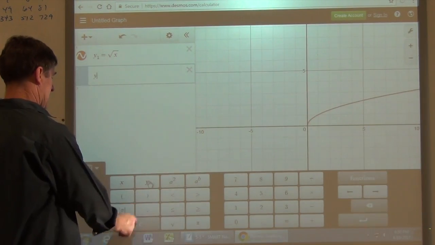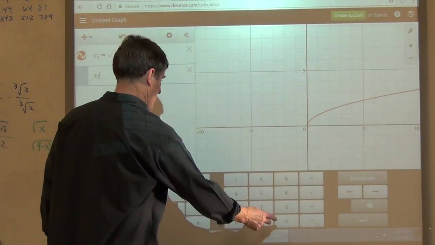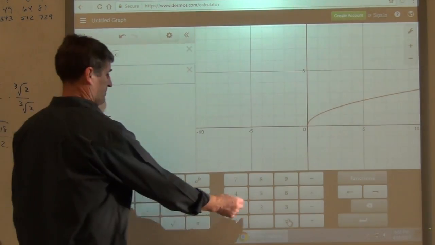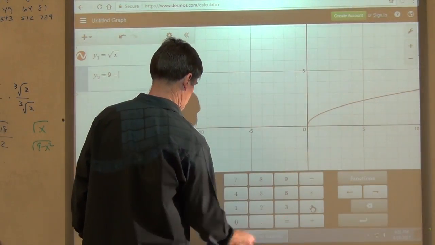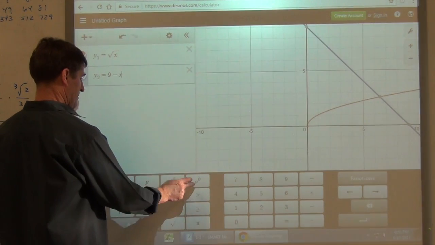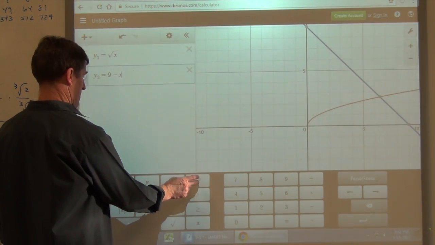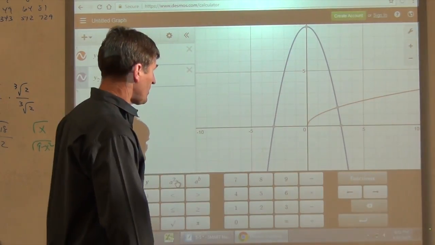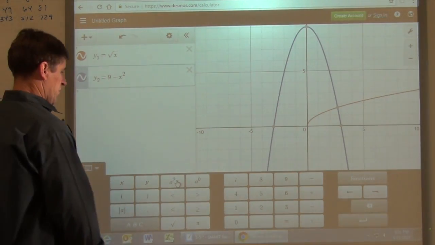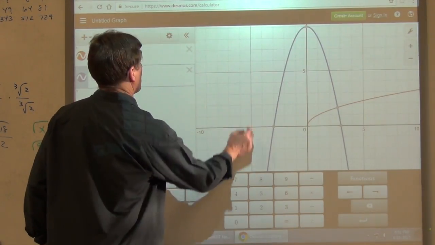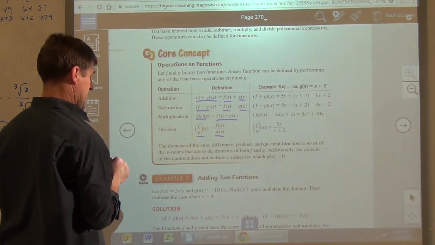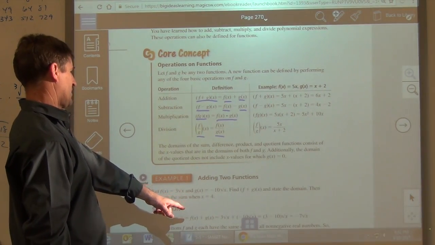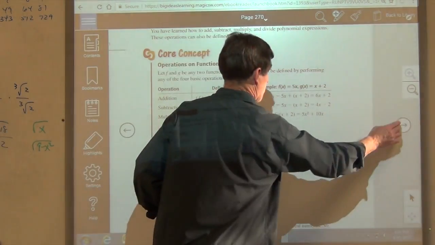Now I'm going to put in y2 equals the square root of 9 minus x squared. Okay, and that gives us the second one. So now what they're going to do on the assignment, if we go to the textbook on this one, it says we're supposed to evaluate, wait a second.